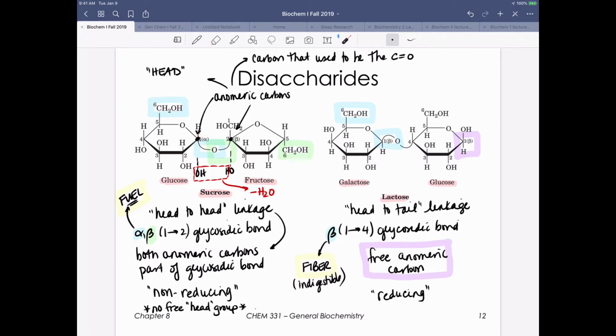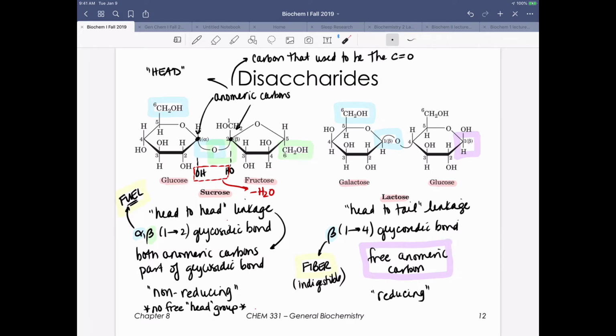Again, by formalism, the anomeric carbon is always drawn on the right, but sucrose is a special kind of disaccharide where we have 2 anomeric carbons that are linked together. This is what we refer to as a head-to-head linkage because we have the 2 anomeric carbons hooked together. When you have 2 anomeric carbons hooked together, we need to have 2 Greek letters as part of the name.